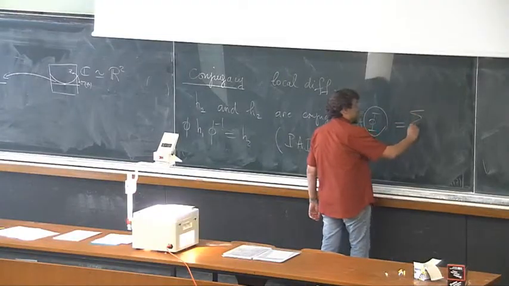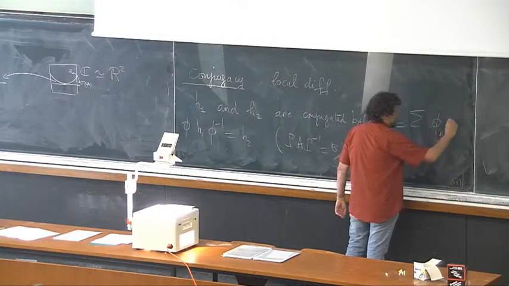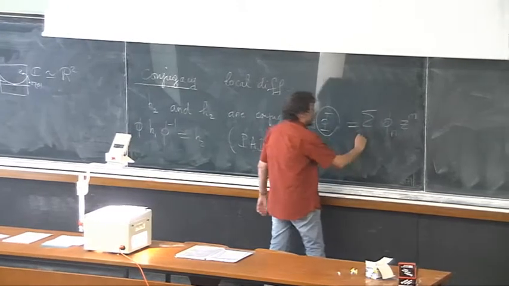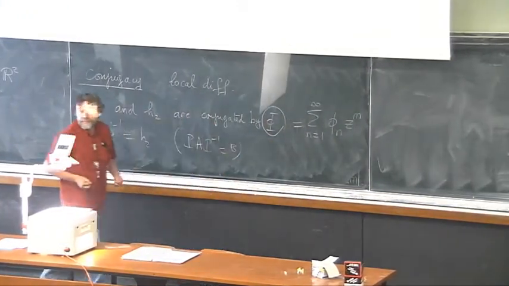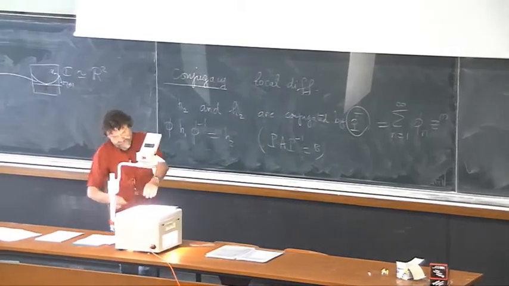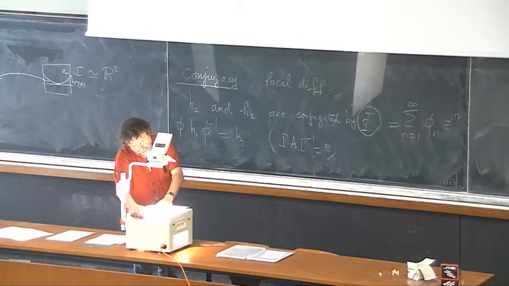Formal conjugacy means that the transformation phi maybe is not convergent. So if this is the case, you have a formal rectification, if you want, of the two lines.